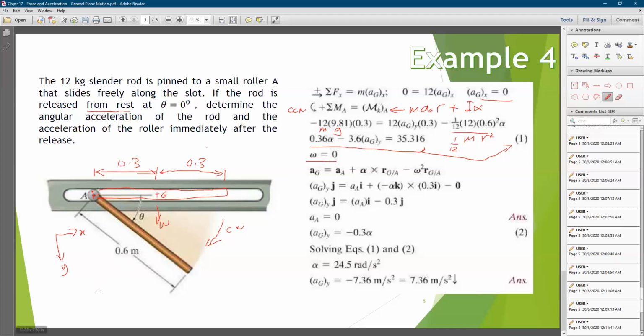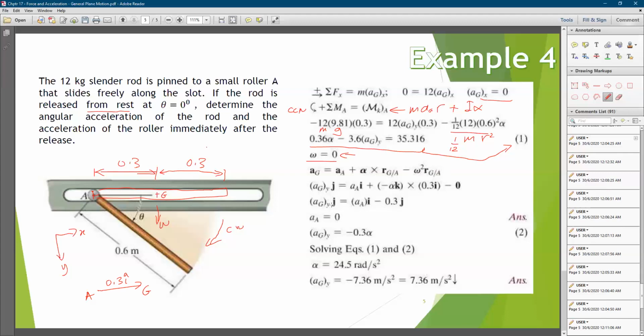RGA: A is here, G is here. And minus omega square RG with respect to point A, and we know that omega is 0, so 0 squared multiplied by RGA becomes 0.